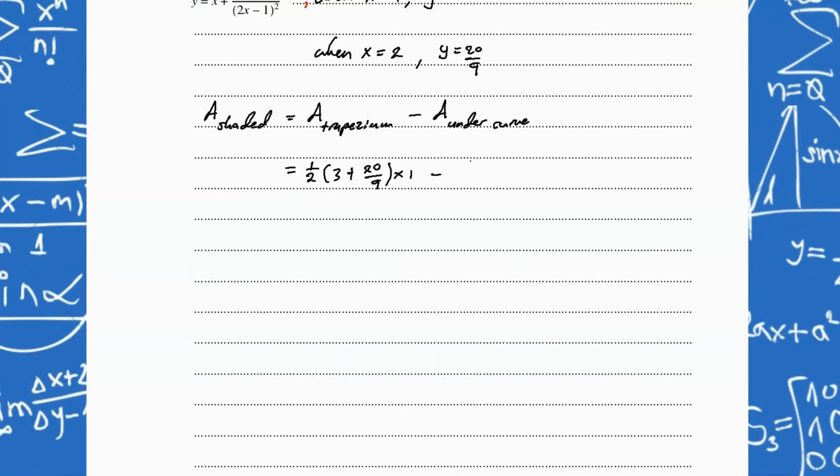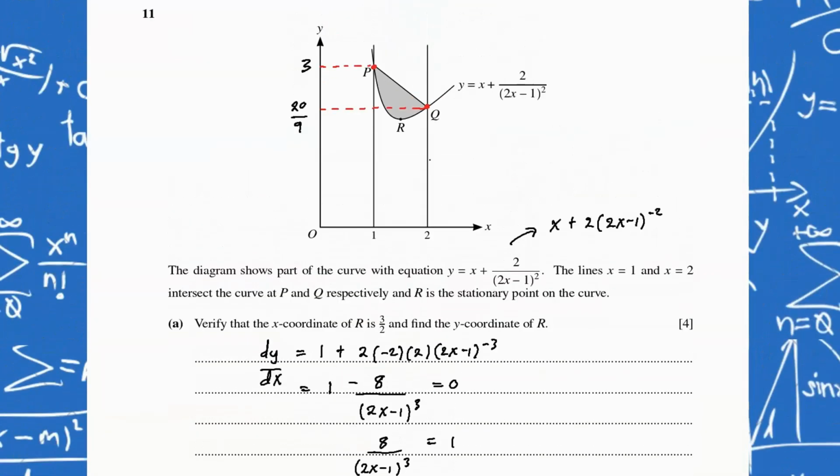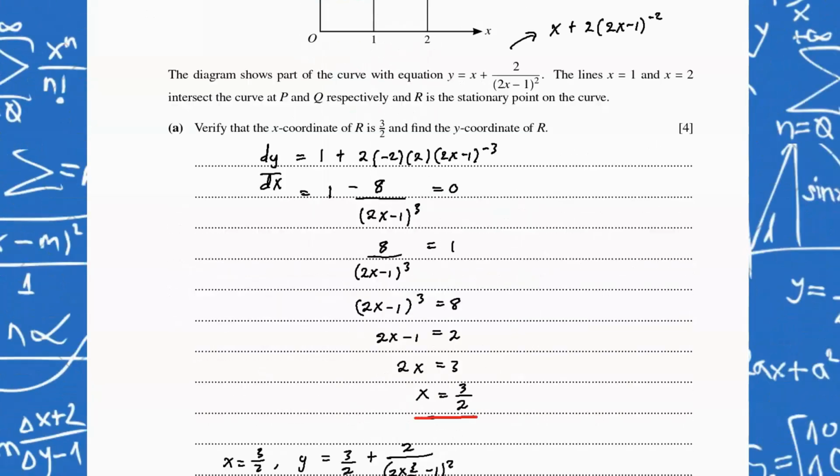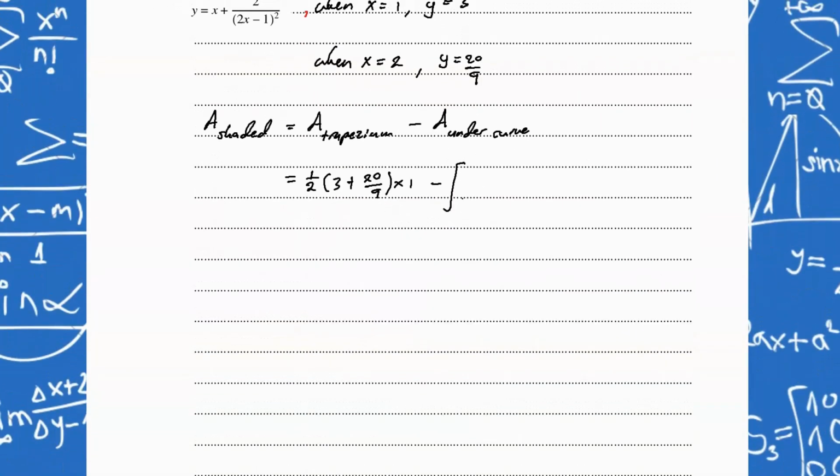It's minus. For the area under the curve, we'll find that by integration. We're integrating the area under the curve between the limits 1 and 2, so 1 up to 2, and we put in the equation of the curve. So we are integrating this thing here with respect to x.